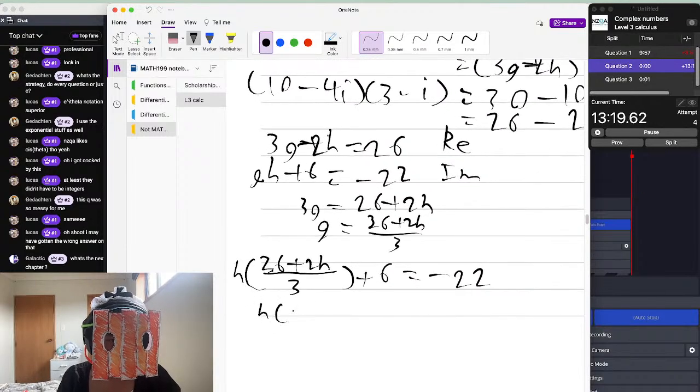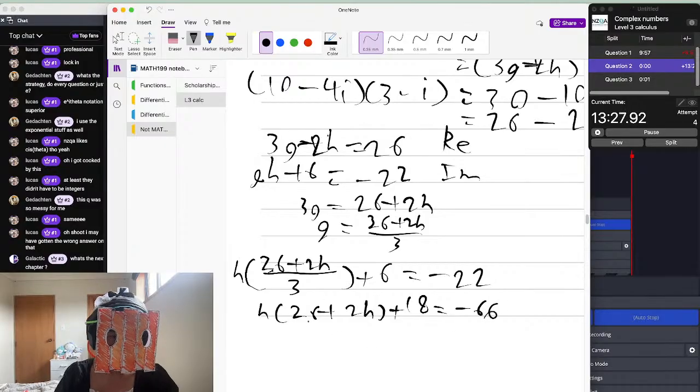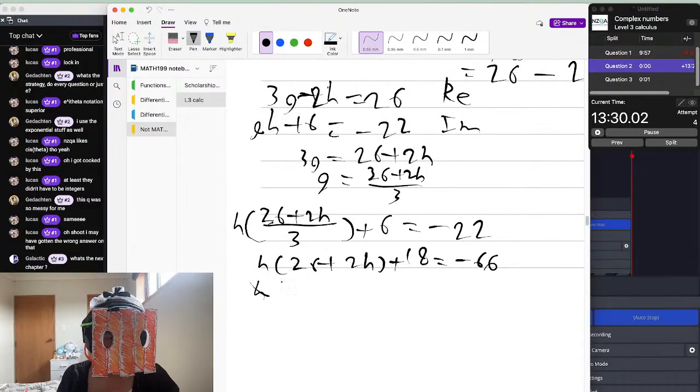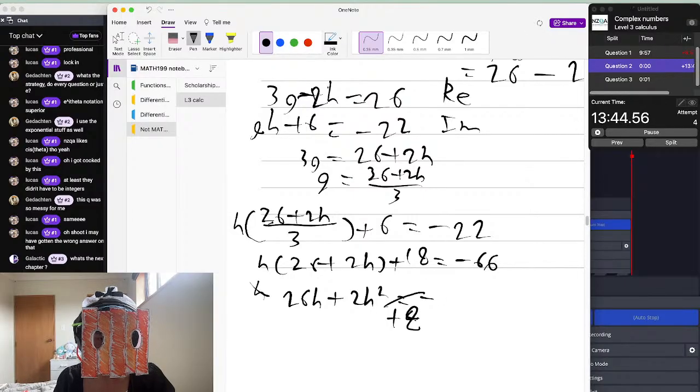Alright, h times 26 plus 2h, plus 18 equals minus 66, and 26h plus 2h squared equals minus, oh, screw that, that gives us somewhere 84.